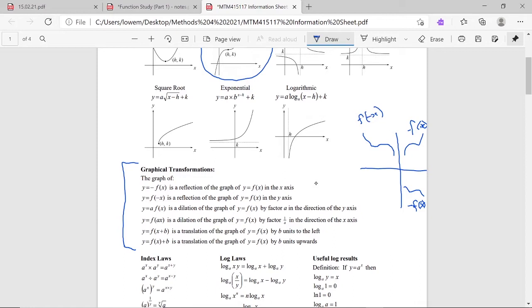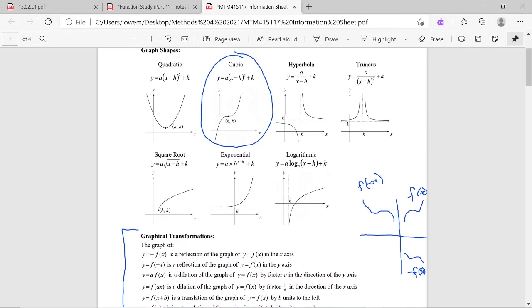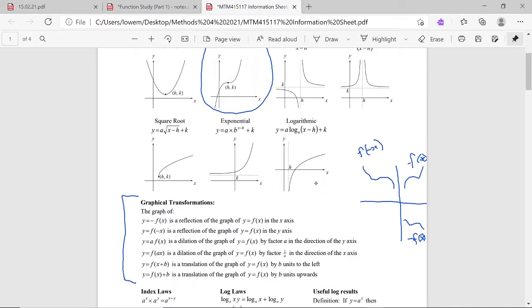If we have an a out the front, and that's exactly what we're referring to here, where we have our a out the front of these brackets, that a is a dilation of the graph of y equals f of x by a factor of a in the direction of the y-axis.